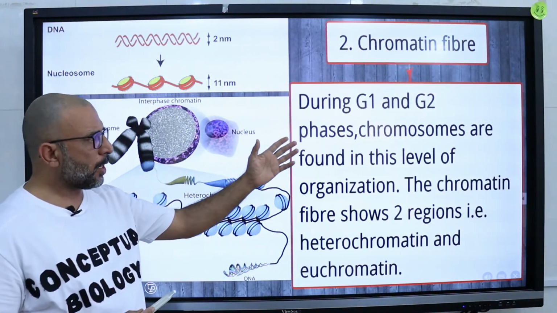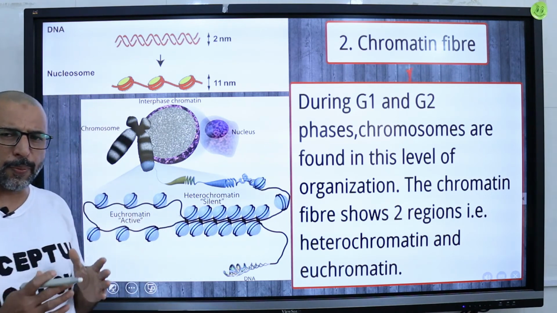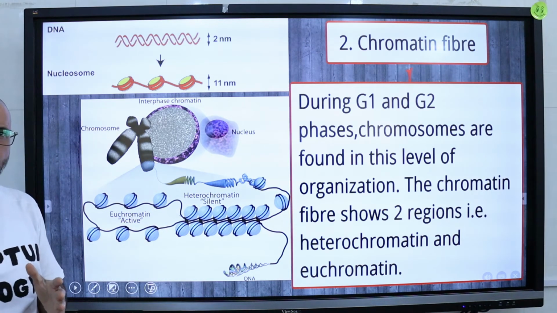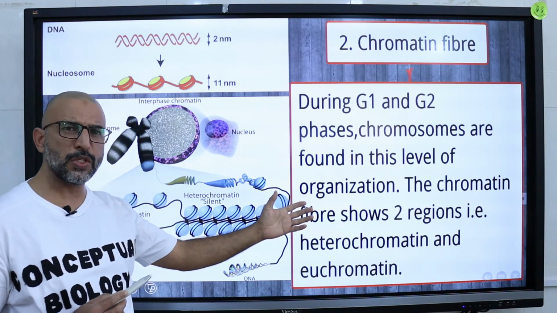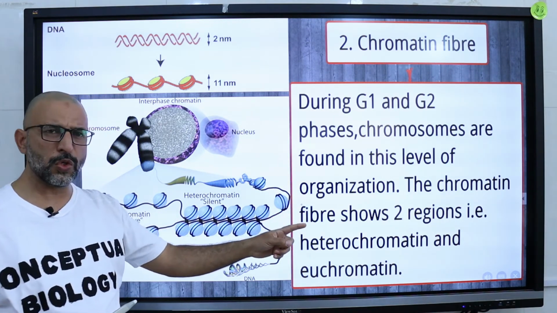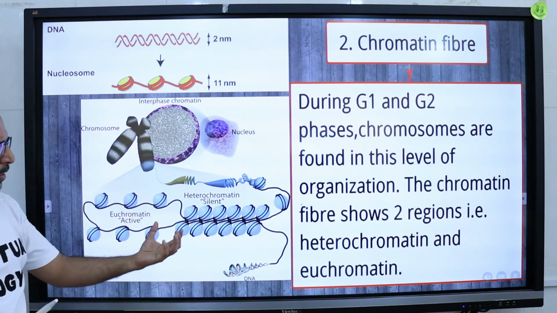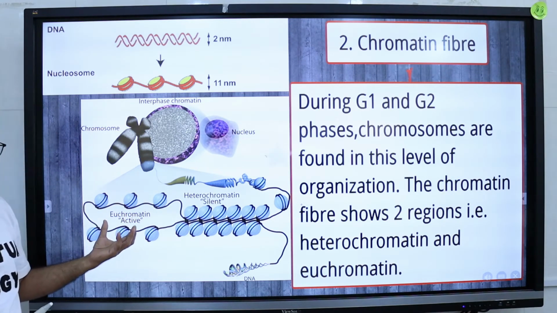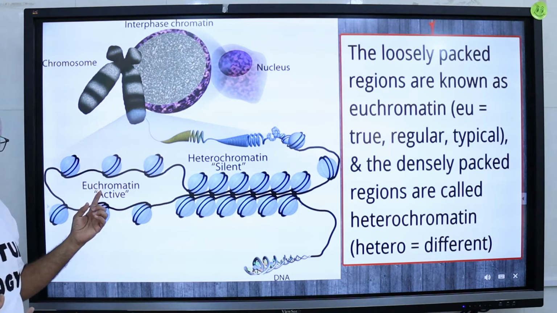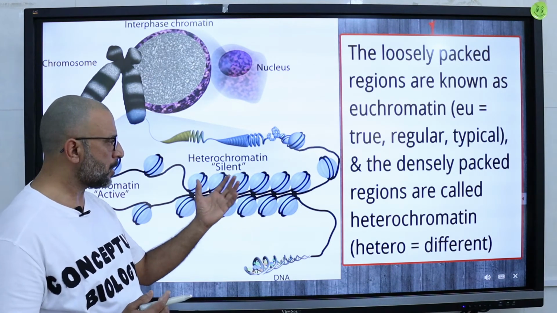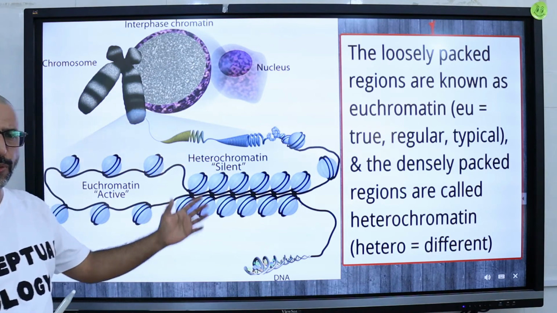During G1 and G2 phases, that is gap 1 and gap 2 of the cell cycle, chromosomes are found in this level of organization. The chromatin fiber shows two regions, heterochromatin and euchromatin. The loosely packed region is known as euchromatin, and the densely packed region is known as heterochromatin.